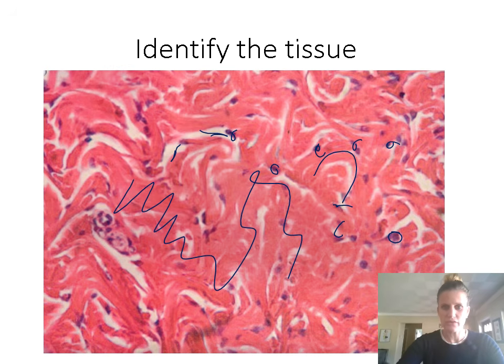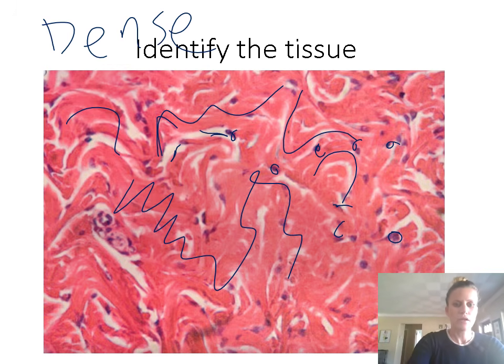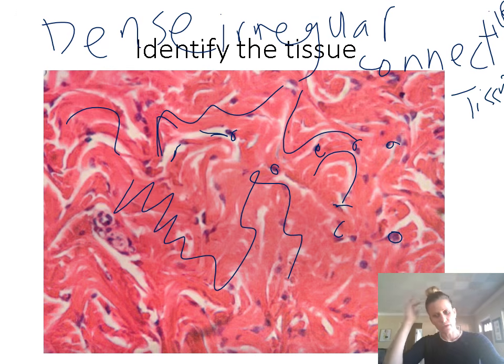Some of it's going curved like that, some of it's over here, some of the collagen is going like this and here. It's irregular. So this is dense irregular connective tissue.